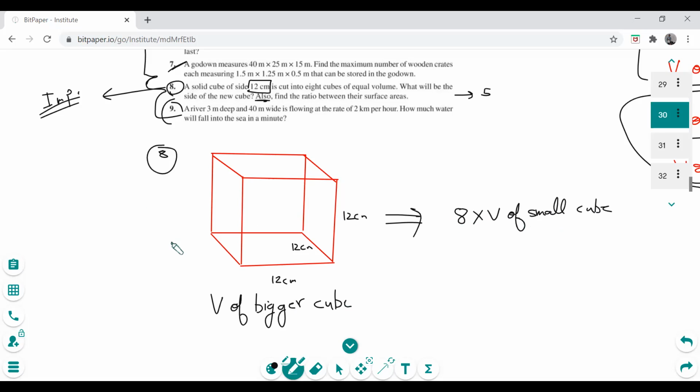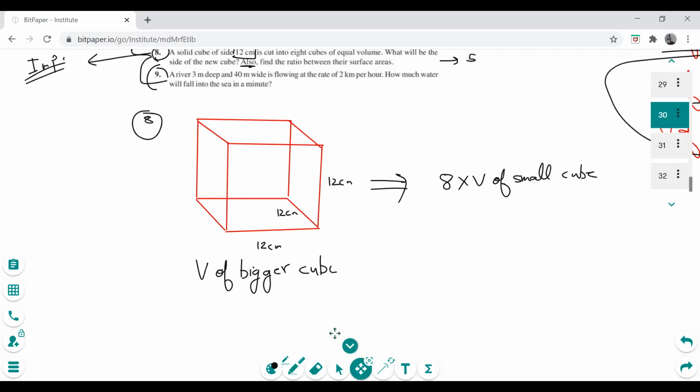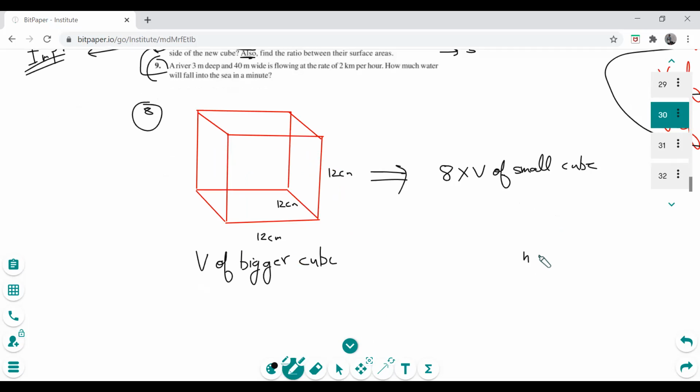Or, if you remember the formula for n that I told you, it is the bigger V by the smaller V. I can say bigger V is n times smaller V, and n is already given here, 8. This time we have to find the smaller V. Are you getting it? Yes or no? Only one person is saying yes. What about the others? Yes, sir.